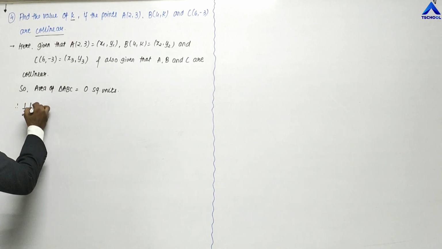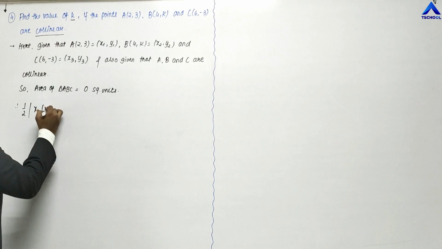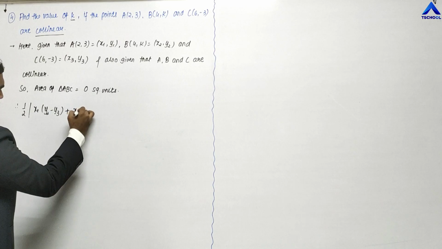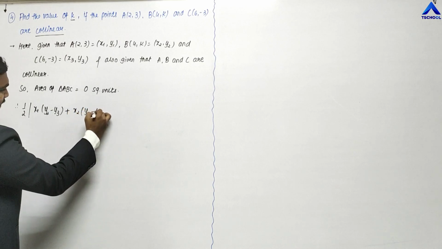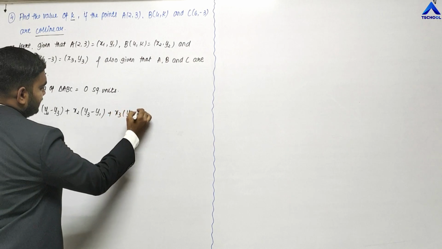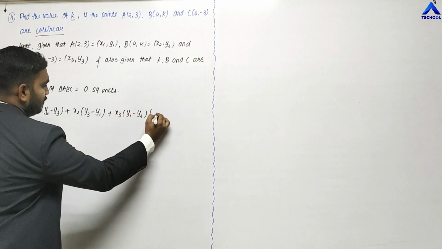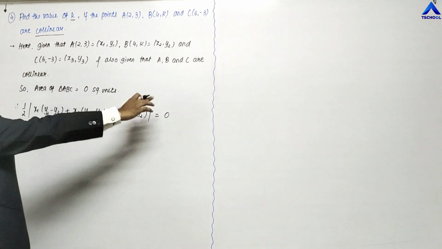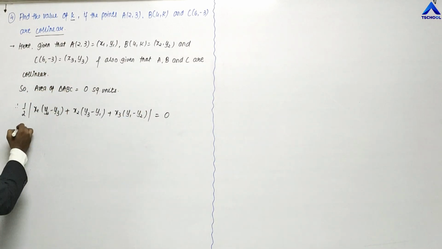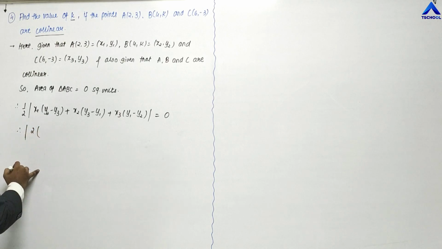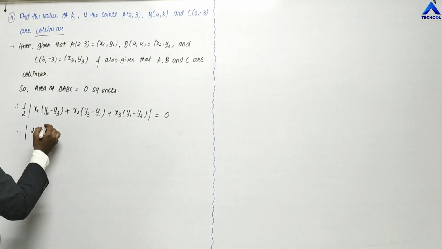Okay, therefore, putting down the formula: half into x1 into (y2 minus y3) plus x2 into (y3 minus y1) plus x3 into (y1 minus y2) is equal to 0. So this 1 by 2 will go over there and it will become 0. Therefore modulus, putting down the values: x1 that is 2 into (y2, what is y2?